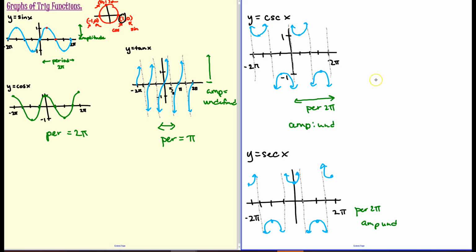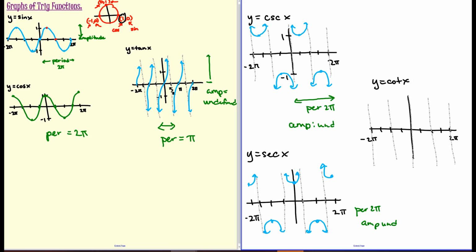And then let's do the cotangent, the reciprocal of tangent. So we're going to take a look at the tangent graph. Everywhere the tangent graph is 0, the cotangent has an asymptote. So that would be at 0, and at pi, and at 2 pi, and at negative pi, and negative 2 pi.